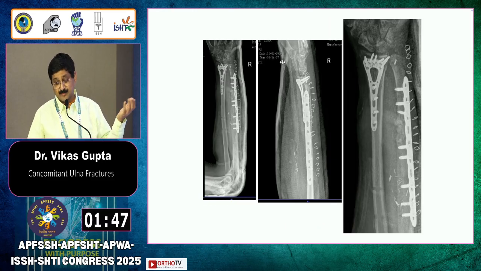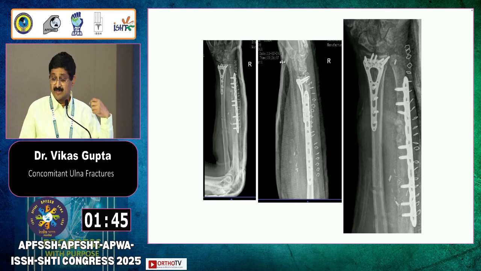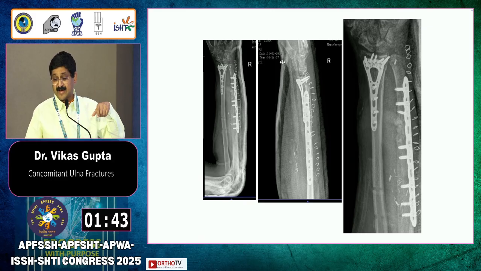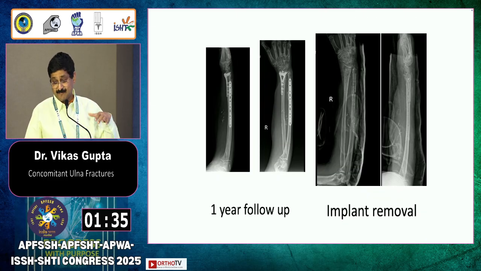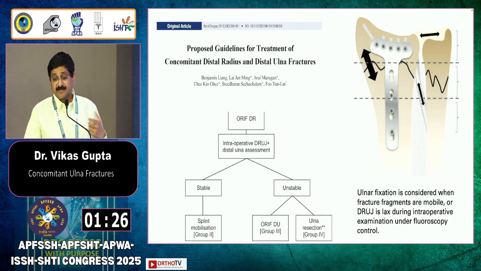Then the ulna gave us problems: non-union of the ulna. The ulna was fixed. Again, styloid, there was an avulsion of the TFCC, which was fixed open with an anchor. Follow-up, implant removal. This patient was a pilot. He couldn't rejoin as a pilot again. So there are different ways to do it.